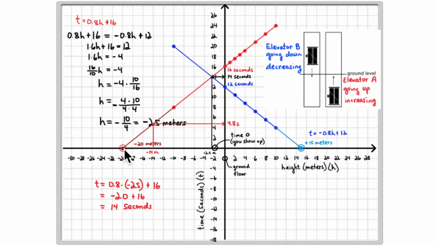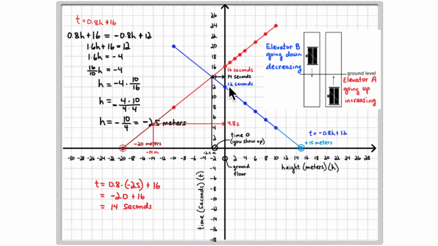But this elevator doesn't have to travel that entire 16 seconds. It only has to travel for these 4 8/10 seconds. So you can take the 16 seconds and subtract the 11 2/10 seconds, and you end up with just this travel time of 4 8/10 seconds. A little bit harder to look at it that way, but that's a way to look at it.